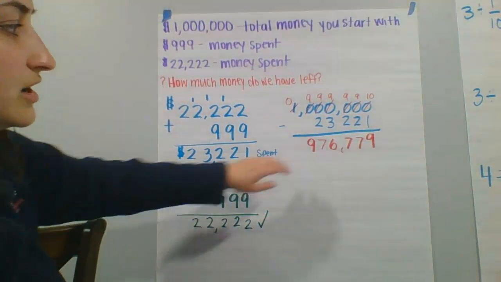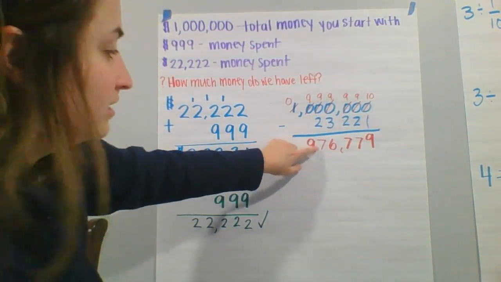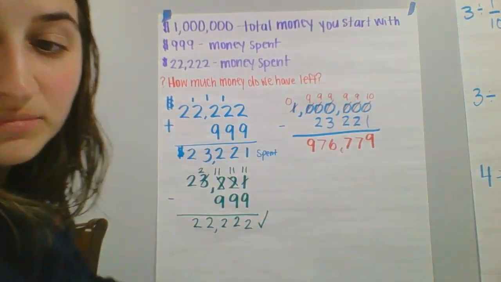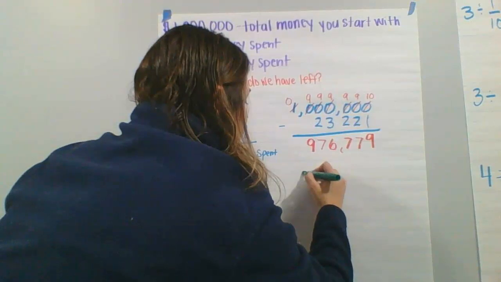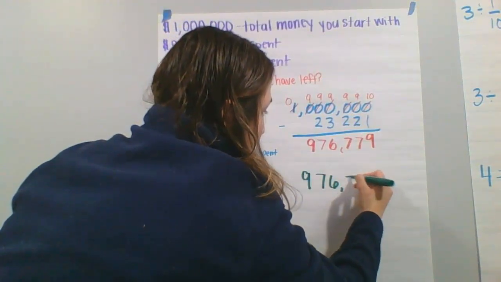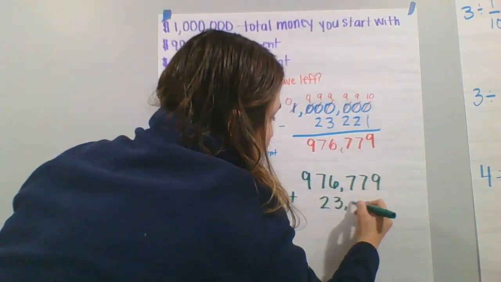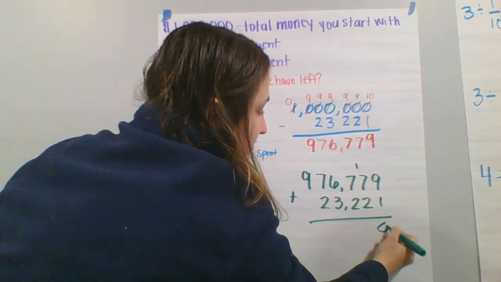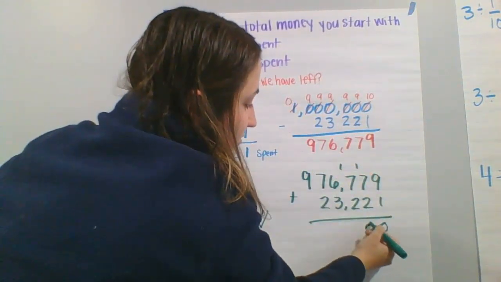So lastly, we're going to take our answer and do the opposite operation, which is addition. So we're going to take 976,779 plus 23,221. 9 plus 1 is 10. 7 plus 2 is 9, plus 1 is 10.